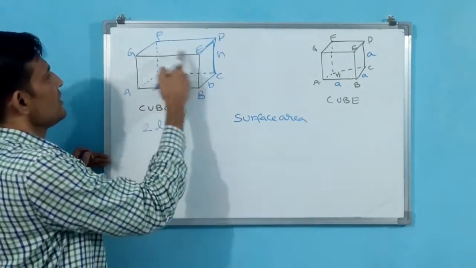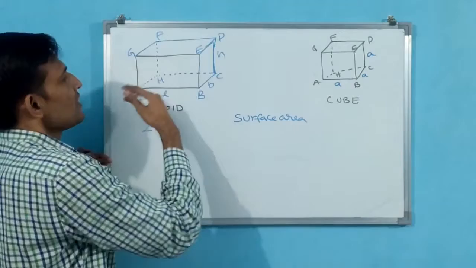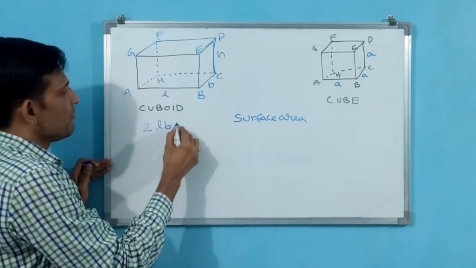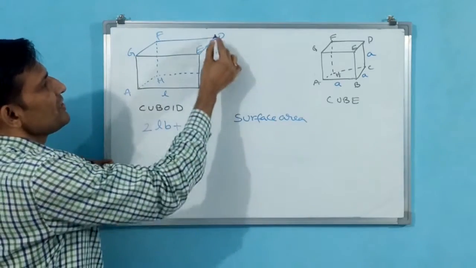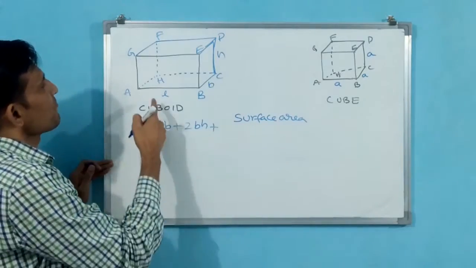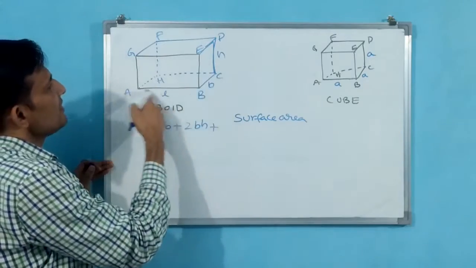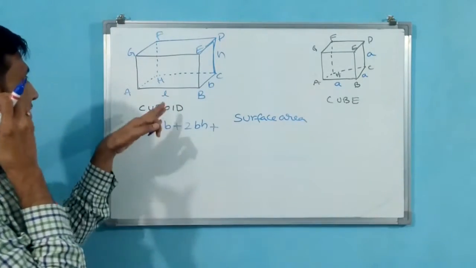Because see, the front and back faces, ABEF and GHCD, have the same area, 2LB, plus the left side and right side, BC, ED, that means breadth and height, plus top and bottom. Top means length and breadth. Okay, top and bottom was already over, length and breadth.